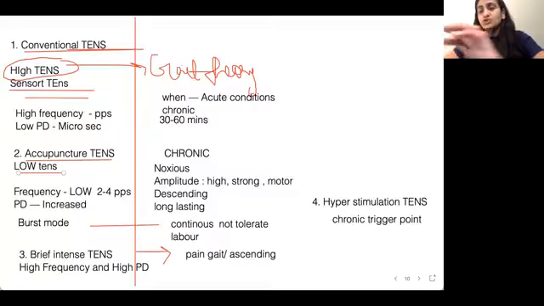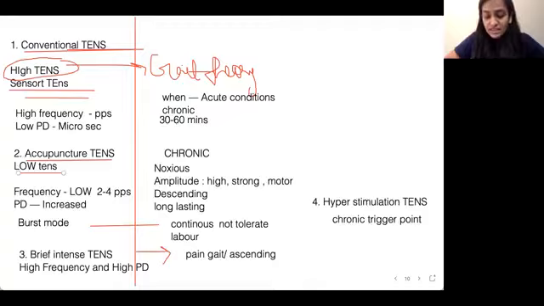Okay, let's do the next one. They're telling you that the therapist is applying pulse current to the vastus medialis to improve patella tracking.